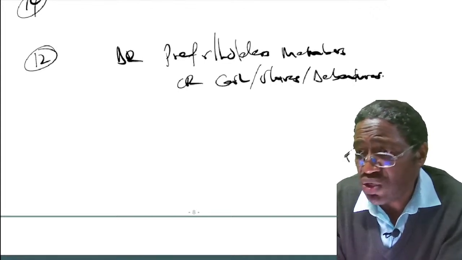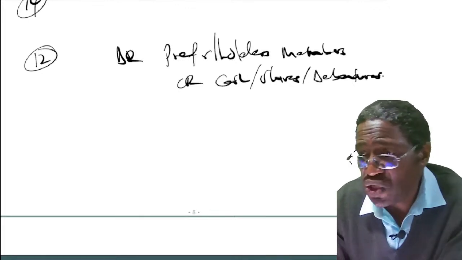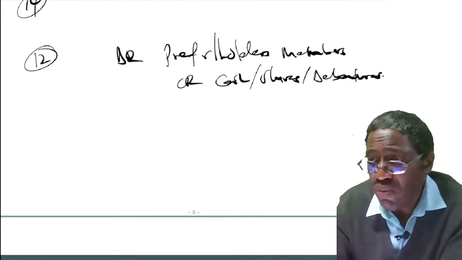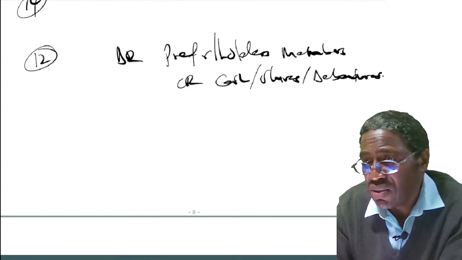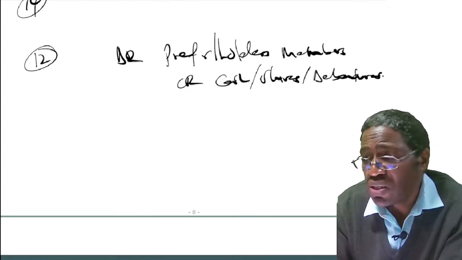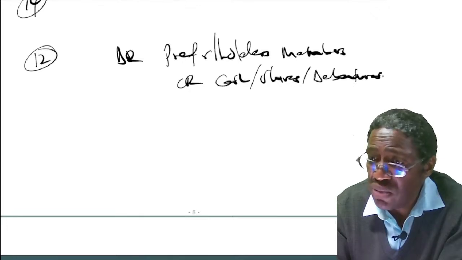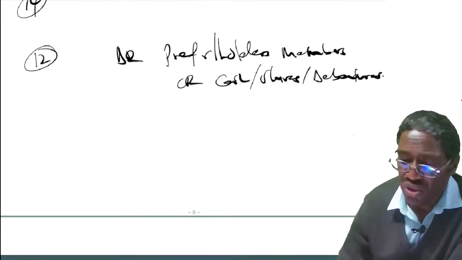That's our step number 12. You debit preference shareholders members, you credit either cash or shares or debentures. Okay, we go to number 13 now.